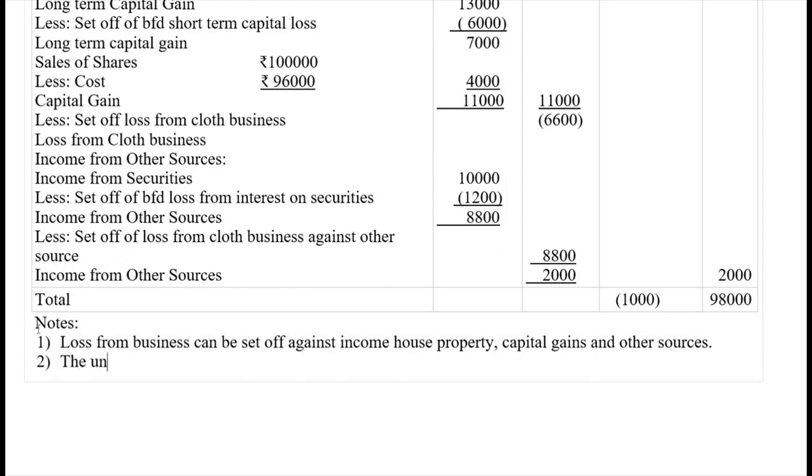The unabsorbed loss from speculation can be carried forward to next assessment year.